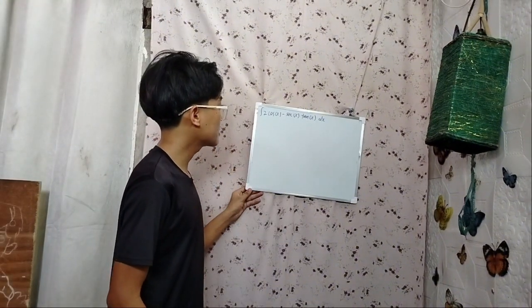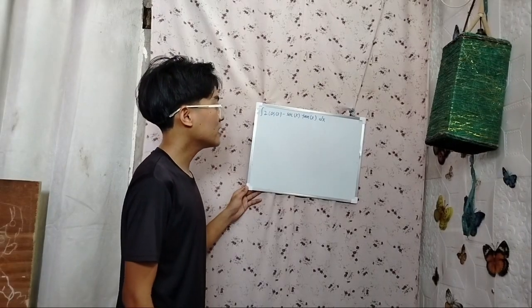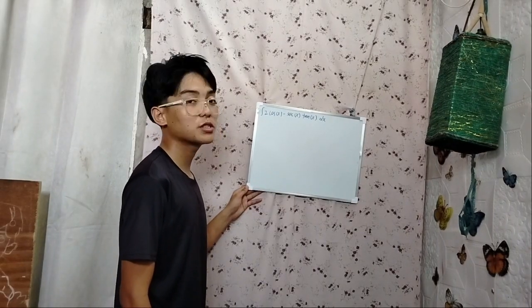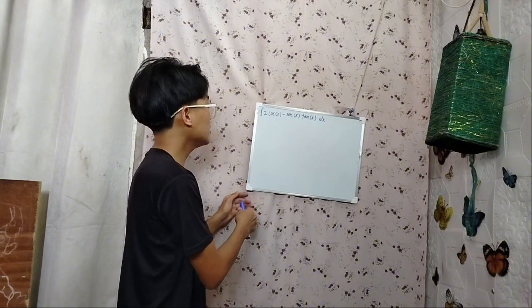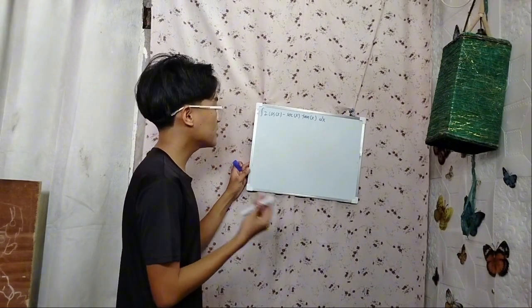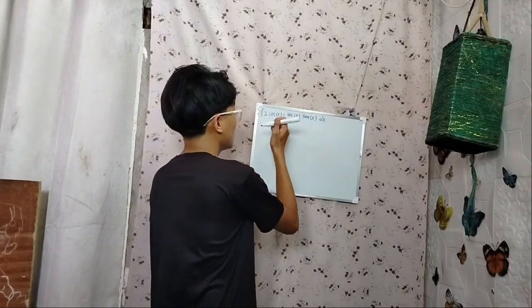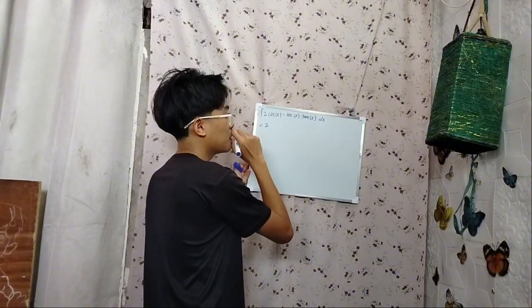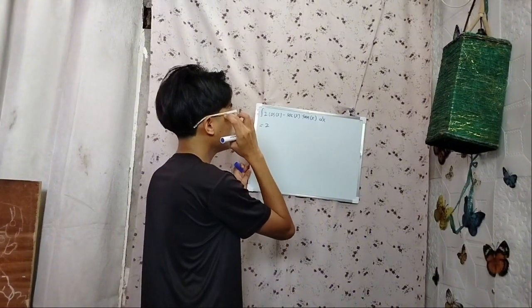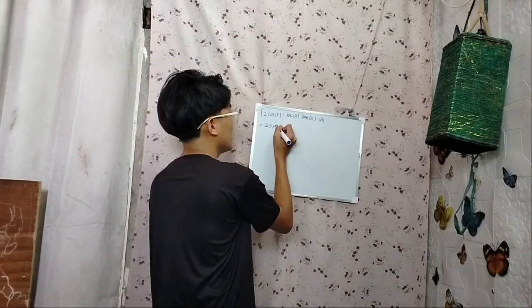Another problem is the integral of 2 cosine x minus secant x tangent x with respect to x. So in this, use the trigonometric integrals. The integral of 2 cosine is 2 sine x.